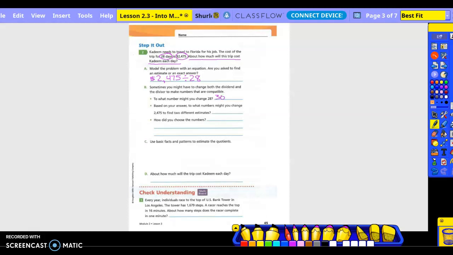Based on your answer, to what numbers might you change 2,475 to find two different estimates? We're going to look at the front end of that, the first two numbers. So what is a multiple of 3 that gets us close to 24 without going over? This is our low end.